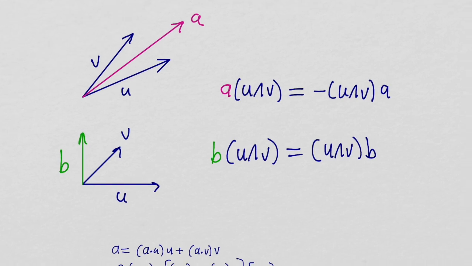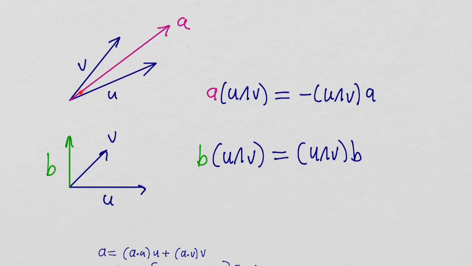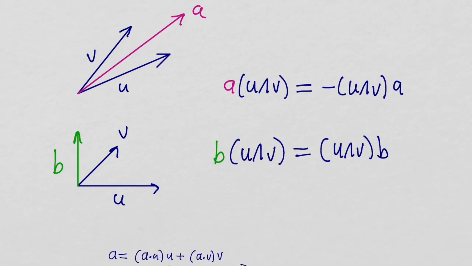What we want to show is that if a vector is in that plane, then the geometric product of that vector with the bivector anti-commutes. And we want to show also that the geometric product of a vector that is orthogonal to the plane commutes.